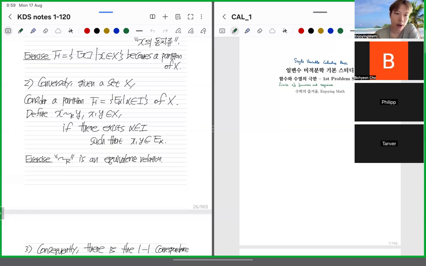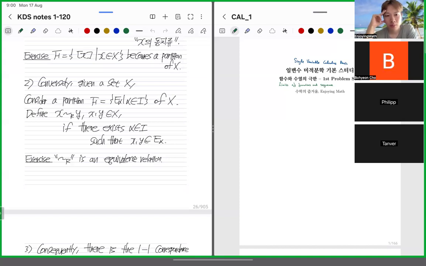In our second exercise, we define x related to y, and x, y come from the large set X. So technically speaking, when we say X is related to Y, what do we mean? X and Y belong to some element in the partition, right?